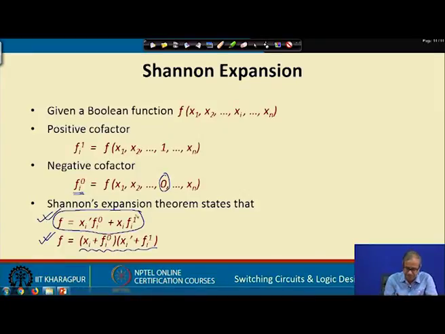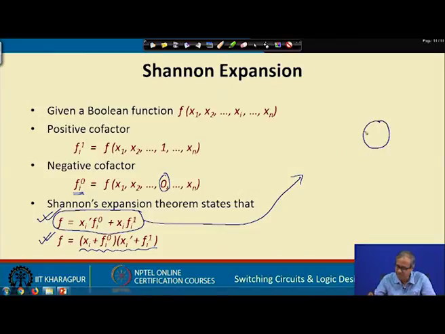Now, one thing you see, the way we expanded here, we can map it into a decision node of the BDD, where the node will be labeled by xi and the left and right, this corresponds to xi equal to 0, this corresponds to xi equal to 1, the low and right children will be corresponding to fi 0 and fi 1. And of course, this will represent the function f.